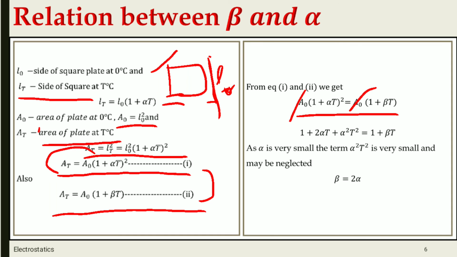So alpha square T square we can neglect, as alpha is very small. So 1 will get cancelled, and T will get cancelled again. So beta is equal to 2 alpha is the relation between alpha and beta, that is coefficient of areal expansion is equal to 2 into coefficient of linear expansion.